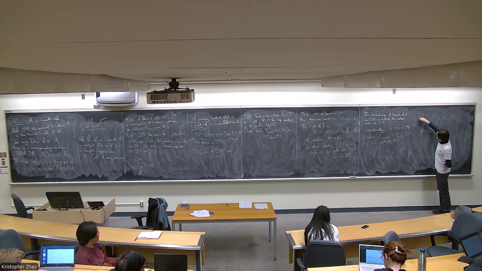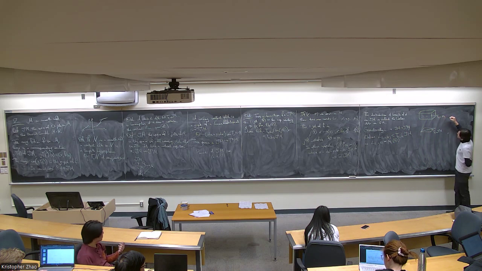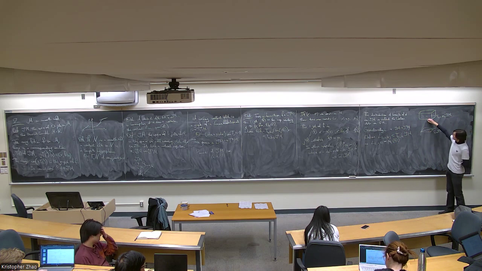Here I have my tangent space at (x, u, theta) to J1 of M, and there's this projection pi star.